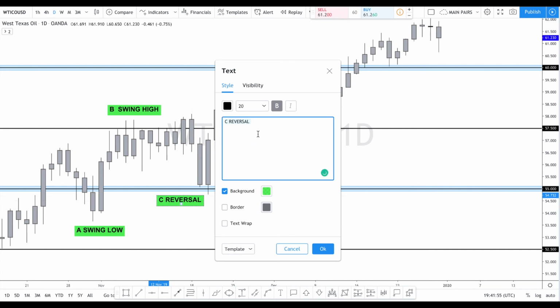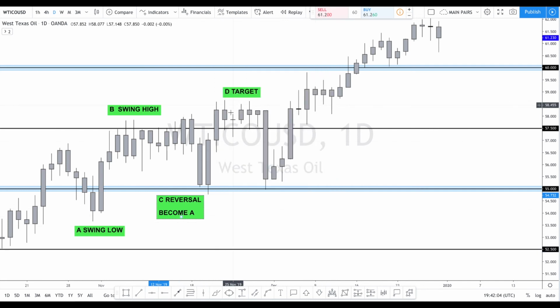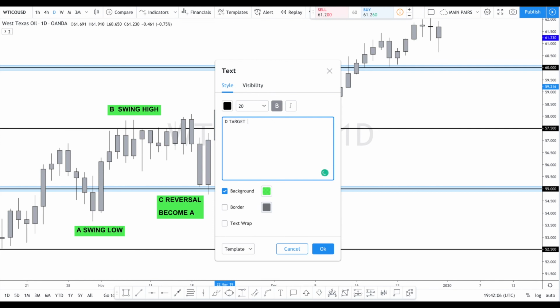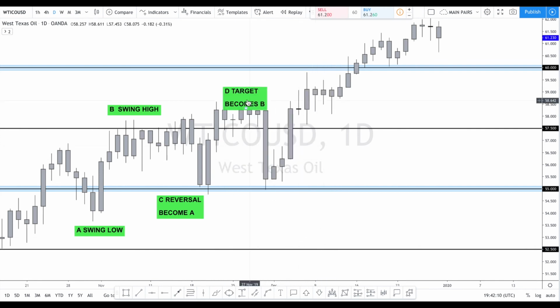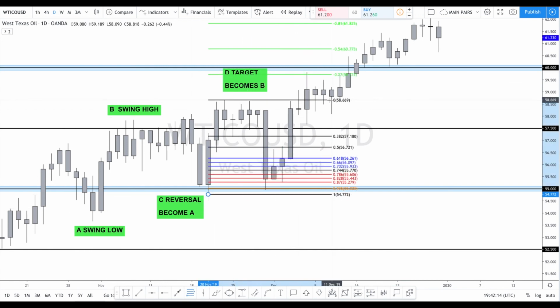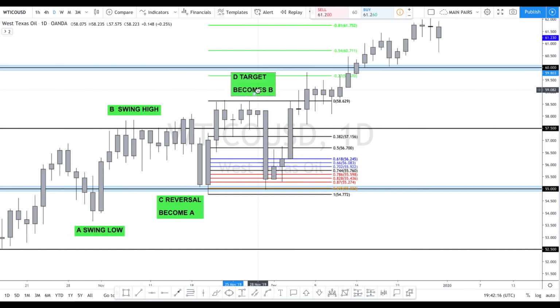So now your C becomes your A. That now becomes your C, becomes your A. Your D becomes your B leg. So now you're looking at this, A, B. Again, now this is your C leg.